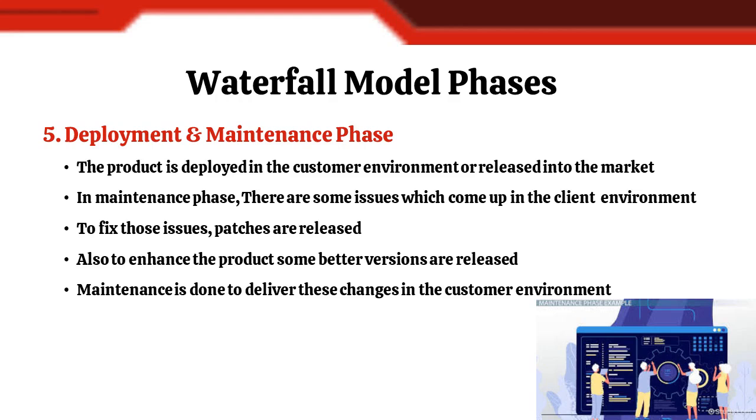To resolve these, patches are released and, if needed, enhanced versions of the software are provided. Maintenance ensures that any changes, updates or improvements are properly delivered, keeping the software functional, up to date and meeting user needs.